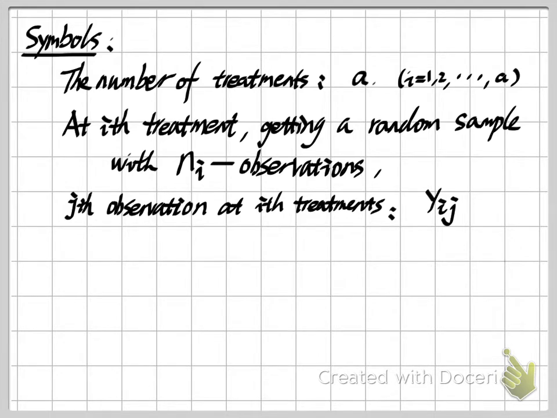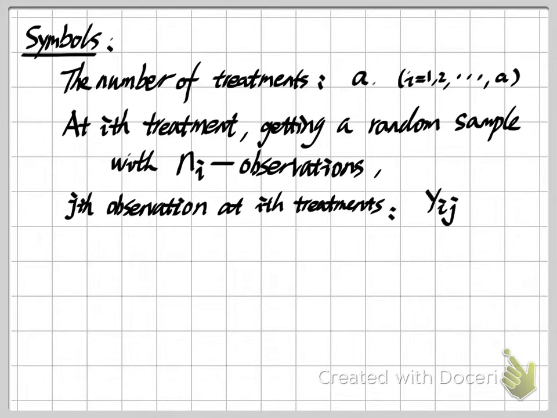And the second patient at the low level is Y12. So here 1 is for the first treatment, and 2 means the second patient, the second observation at this treatment. So now we have these notations.